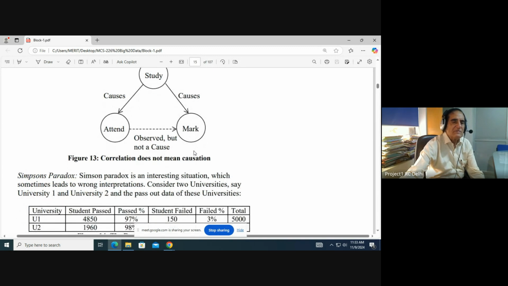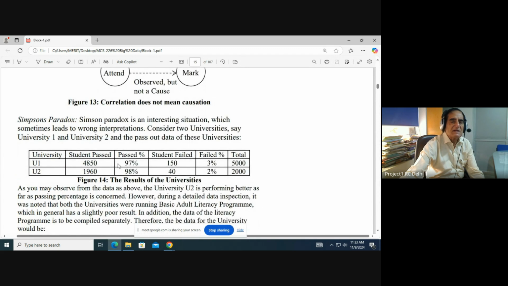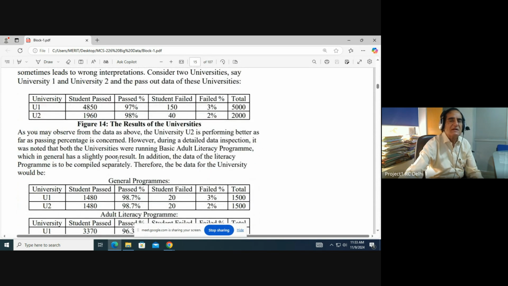So Simpson's paradox, this is the result of the universities. So university 1, university 2, students passed this, passed percentage this, students failed this, total this. So as you may observe from this data, university U2 is performing better than U1. However, during a detailed data inspection, it was noted that both the universities were running a basic adult literacy program, which in general has a slightly poor result.